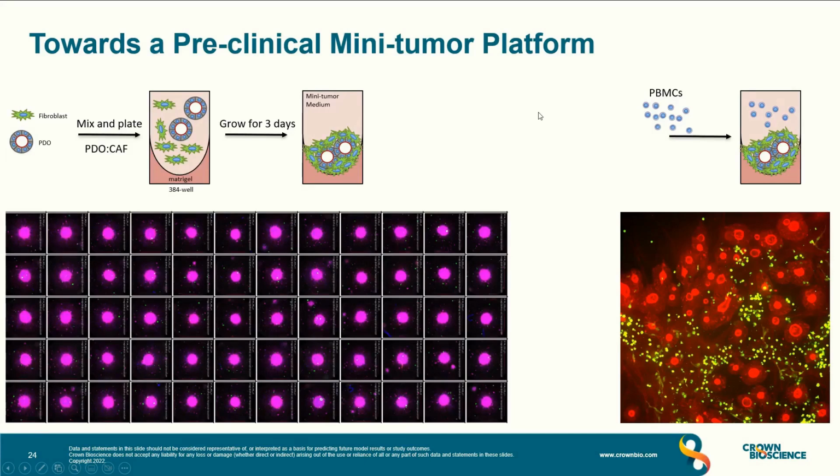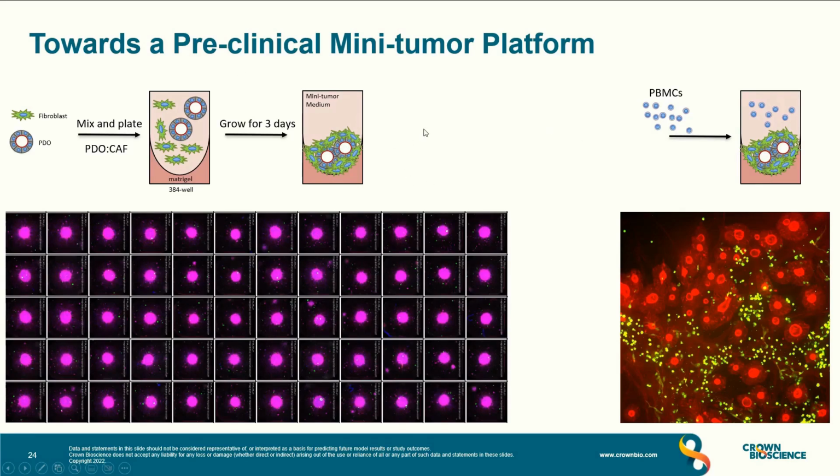We are still pushing the development. As I said, physical interaction between tumoroids and fibroblasts is essential to get relevant in vivo, pathologically relevant expression of your markers. So we are trying to push that by making mini tumors.